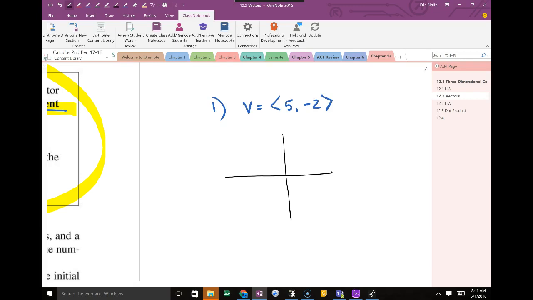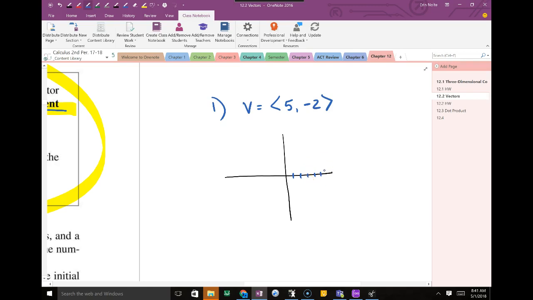Okay, I'm going to kind of draw this like I would a point, but instead of just drawing a point there, I'm going to draw a vector from the origin to that terminal point. Okay, so my terminal point is going to be (5, -2). Okay, so to get to (5, -2), I'd go to the right 5. Yep, in component form.